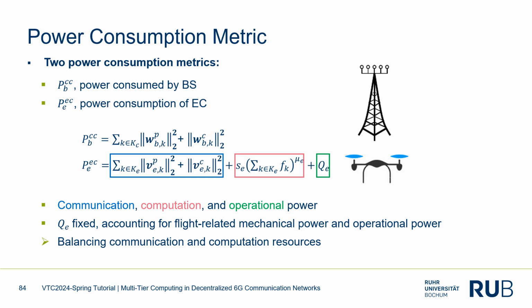Now, the power consumption metric is similar to what has been previously described. We have power consumption per base station and per edge computer, whereas the base station only cares about the communication or the transmission power, and the edge computer has joint communication, computation, and operational power constraints.